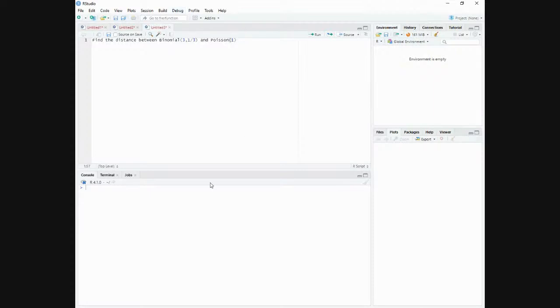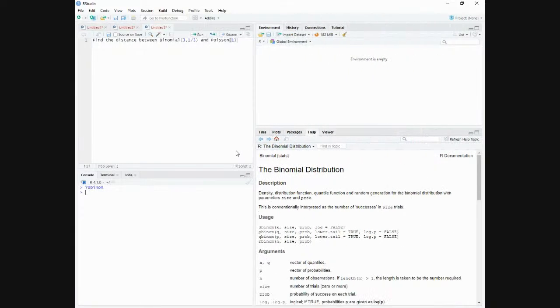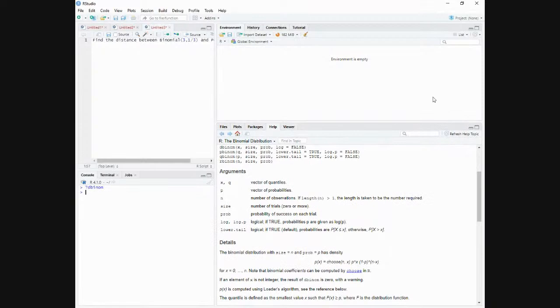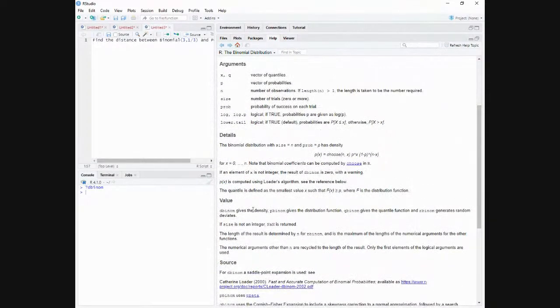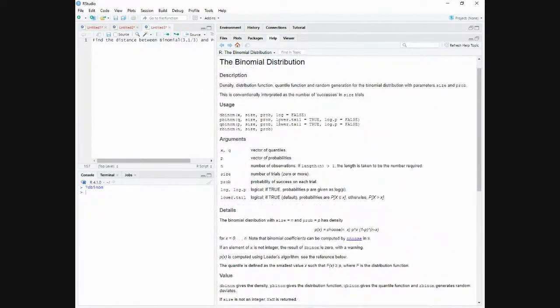So how do you find the probabilities? Search for binom and you will find the probabilities. It tells you that dbinom x gives the density, not density here, it actually gives you the corresponding probability values of the random variable.